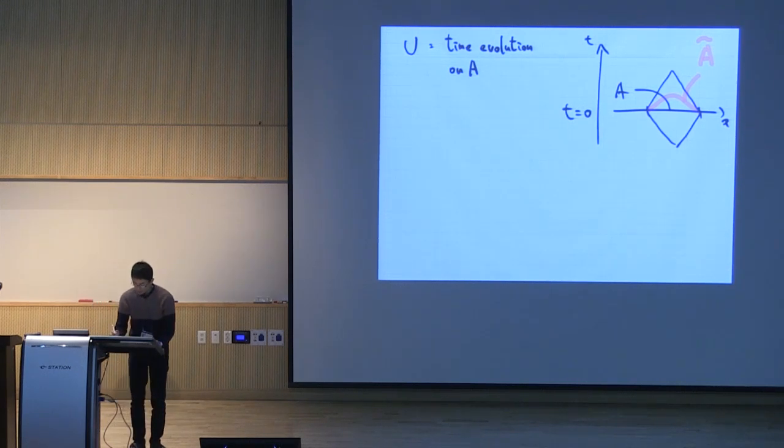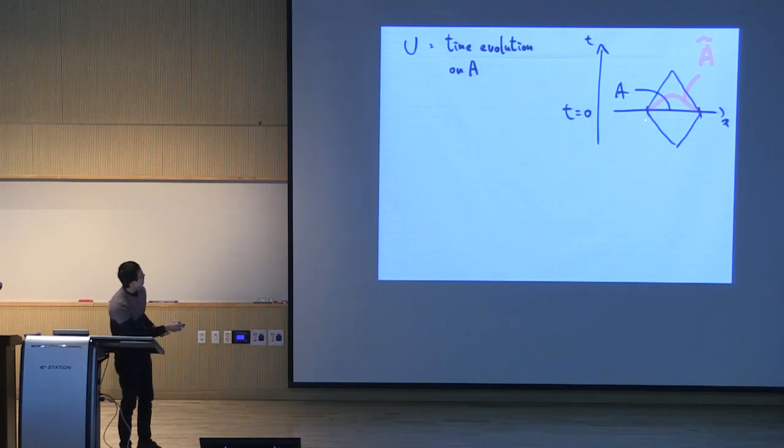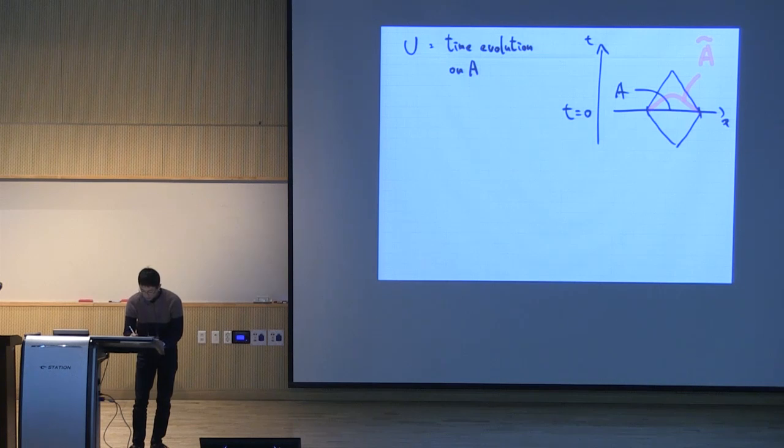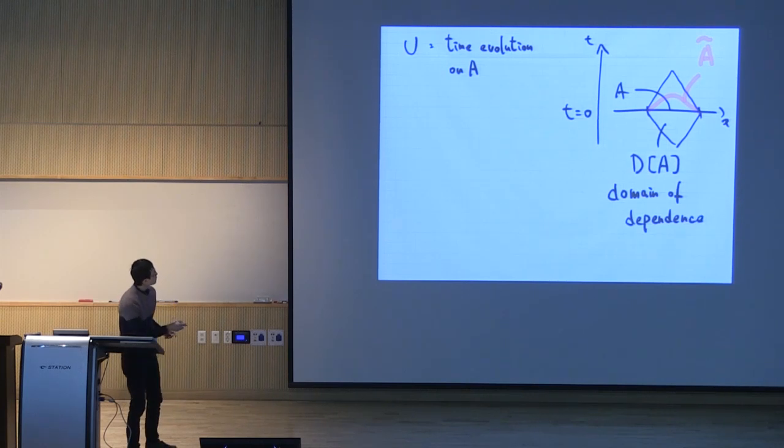Now, this diamond is the so-called domain of dependence. Let's define the domain of dependence of A. Everything inside the domain of dependence of A is completely fixed by the information on A, because, my handwriting is very bad, but this is 45 degrees, and this is also 45 degrees.